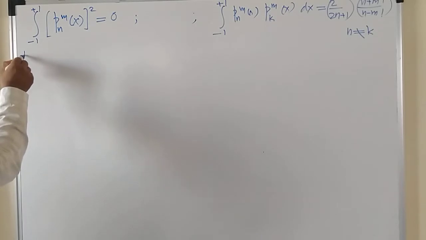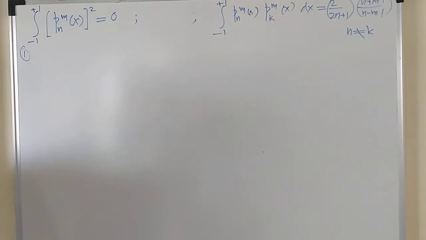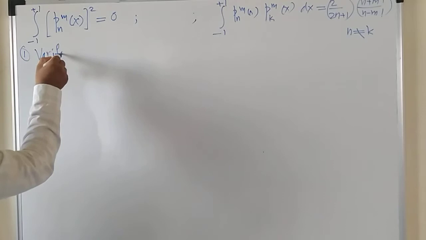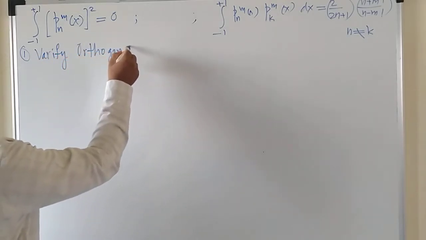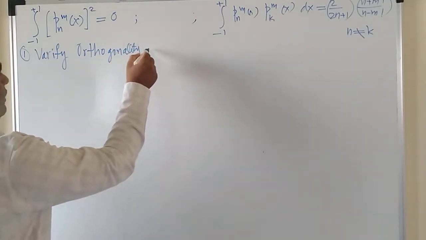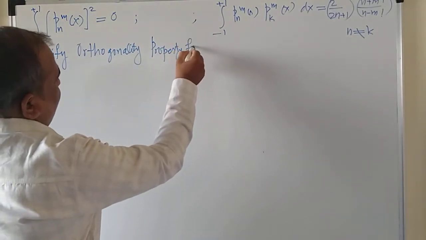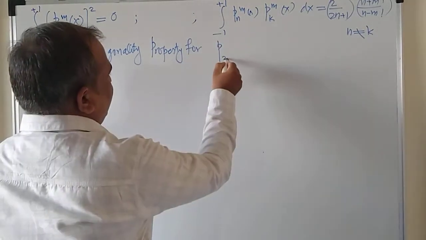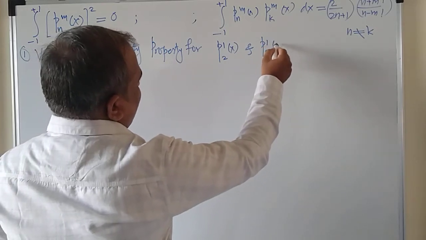So let's go for the first proof. Your first example is: verify the orthogonality property for two polynomials, P21 of x and P31 of x.